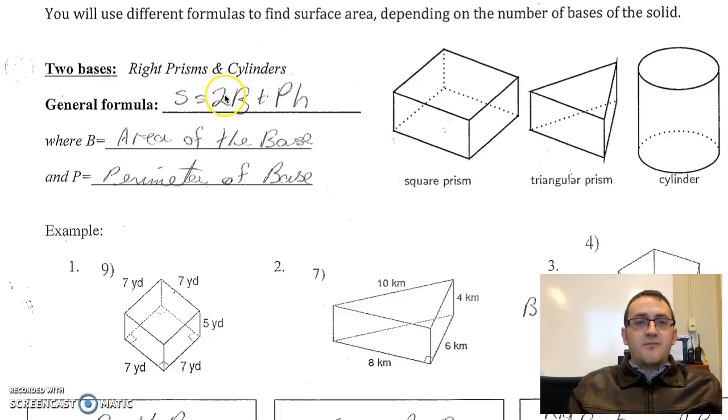For these prisms and cylinders, you find the area of a base, in this case a square, triangle, or circle, and multiply it by 2 because there's a top and a bottom. Then you add the perimeter of the base times the height of your prism or cylinder, and that gives you the surface area.